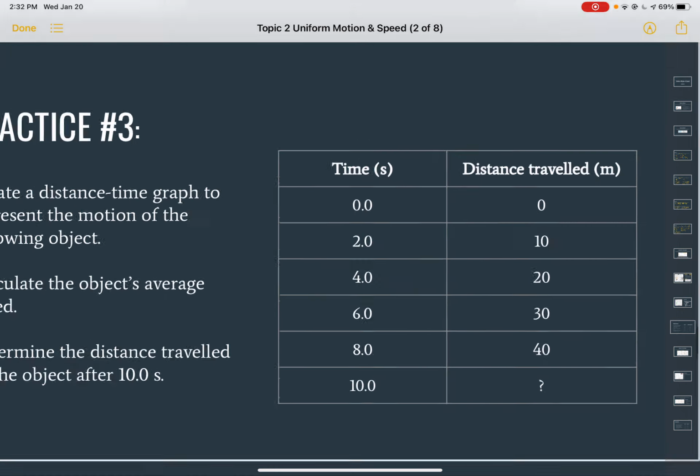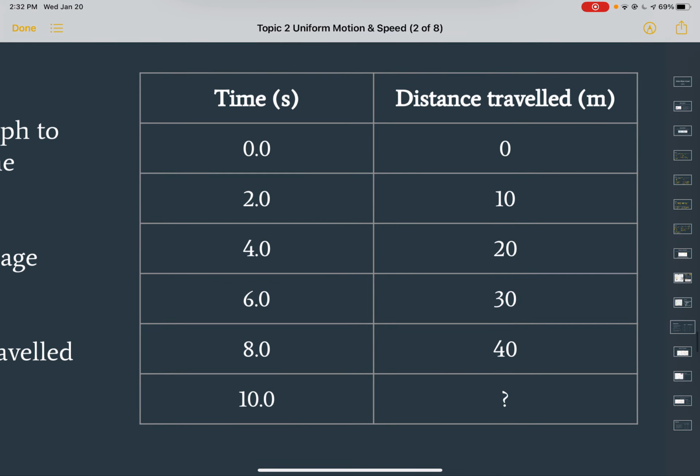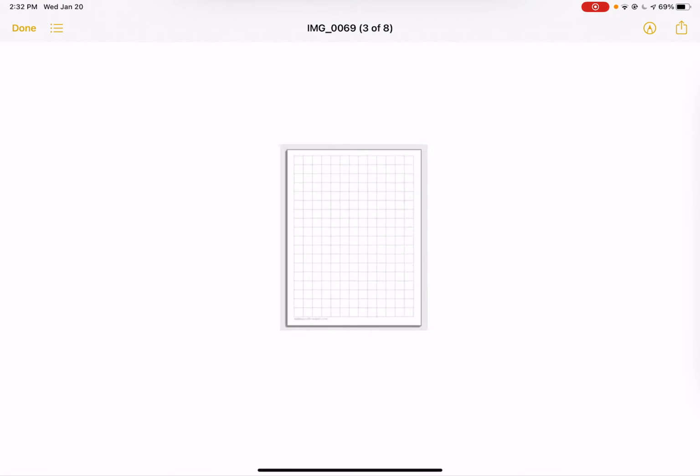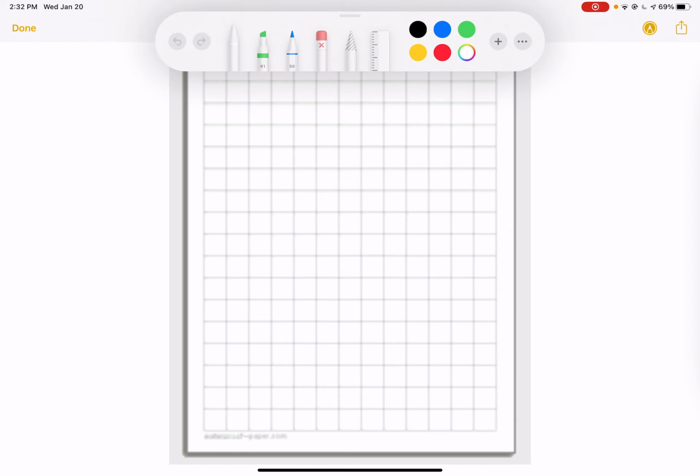I took a picture of it on my phone, but here I'm going to make a graph of this, and I'm going to use this graph paper.